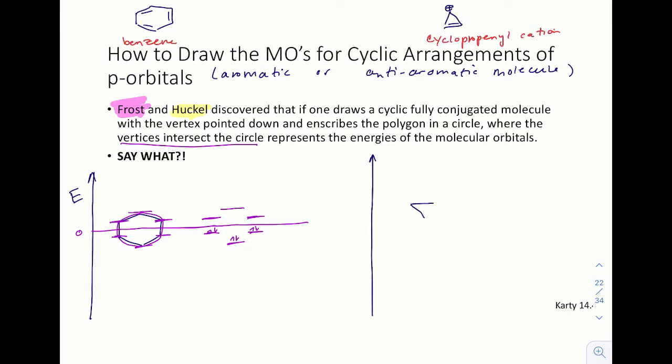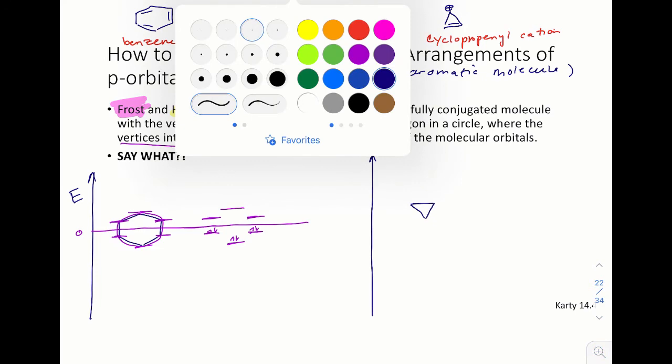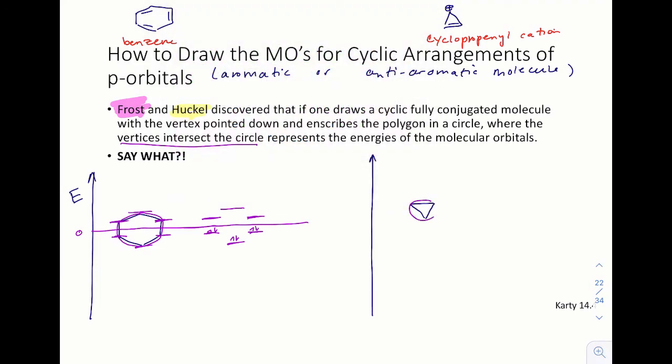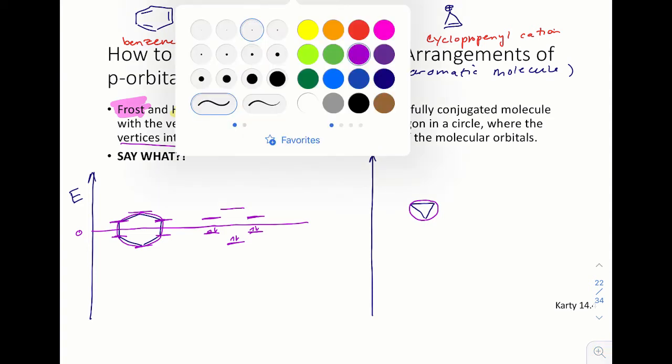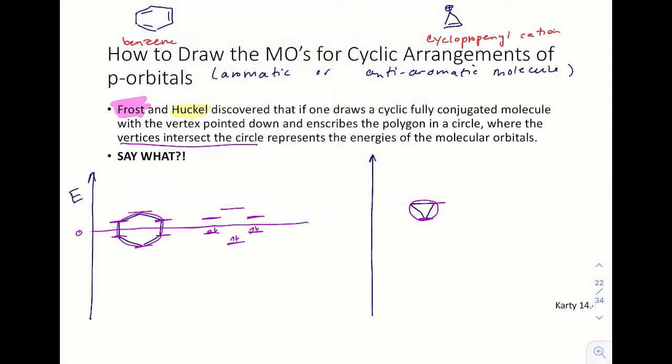Okay. Draw a polygon with the vertex pointed down. Inscribe the polygon in a circle where the vertices intersect the circle represent the orbitals. Just clean it up. Okay, we have 3 orbitals, 3 pi molecular orbitals, which we would expect from 3 p orbitals.